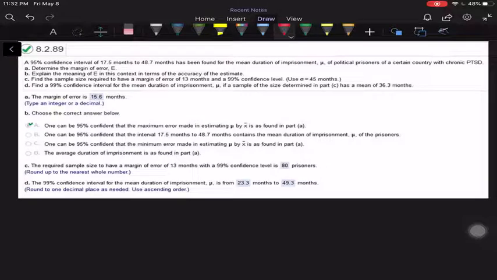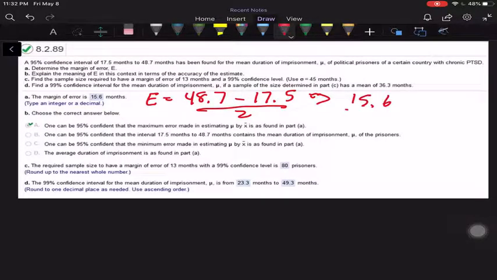So what we can do to find E is subtract 17.5 from 48.7 and divide that by 2. So that's going to give us 15.6, which is our answer here.